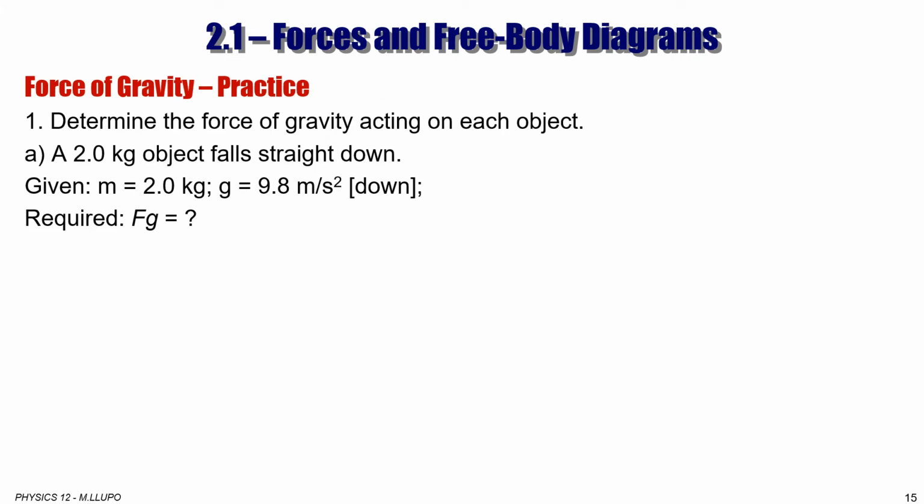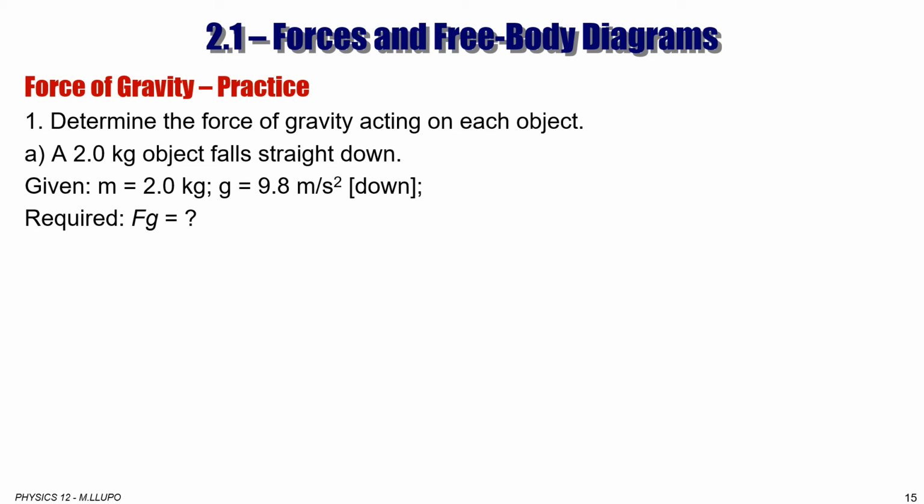Here is some practice using calculation. Determine the force of gravity acting on each object. A 2-kilogram object falls straight down. So what is given there is the mass. And although it is not given, the gravitational acceleration is assumed to be given.